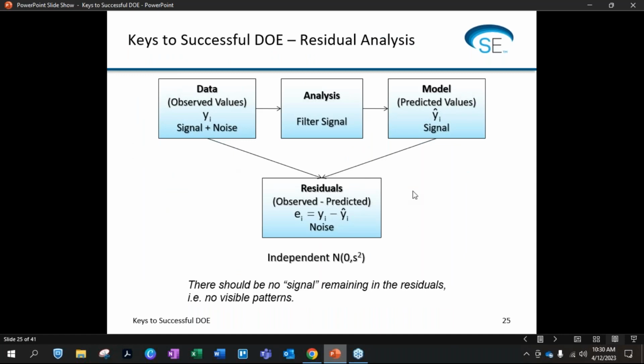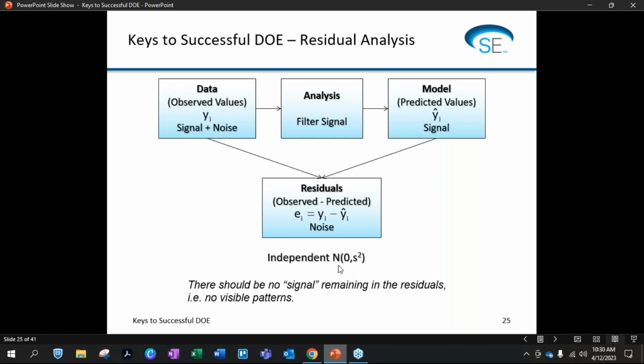Residual diagnostics come by comparing the observed data to the predictions from your polynomial model. The difference between the data that you collected and the predictions that are being made is called the residual. Those residuals should be free and clear without any remaining signal in them, no visible patterns.